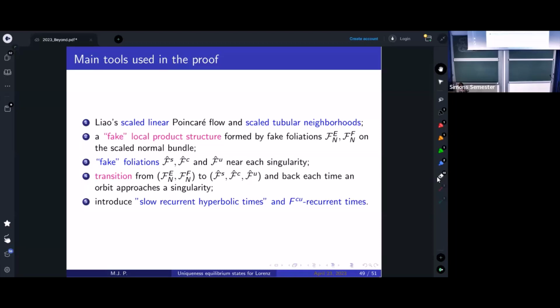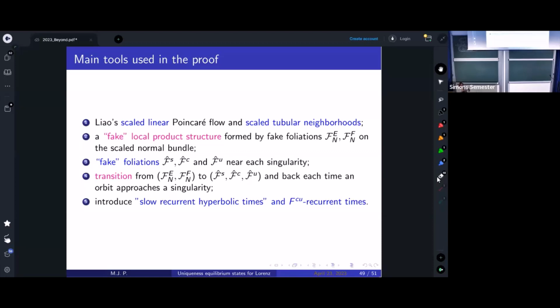And fake foliations near the singularities, and the transition between the foliation nearby the singularity and the fake foliation back and forth, and use slow recurrent hyperbolic times and central unstable recurrent times. Unfortunately, it's quite technical, but the naive ideas that I gave are just this.